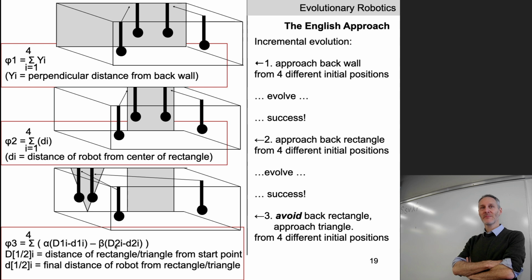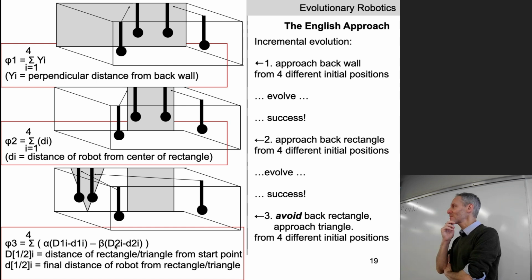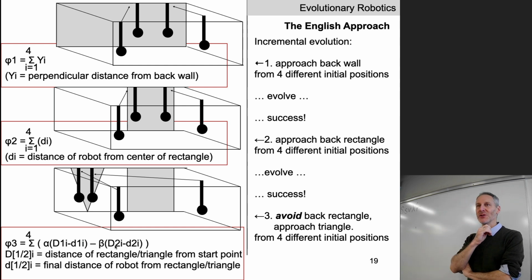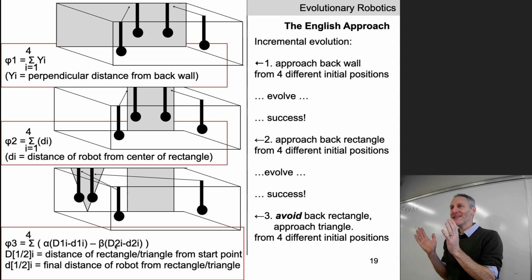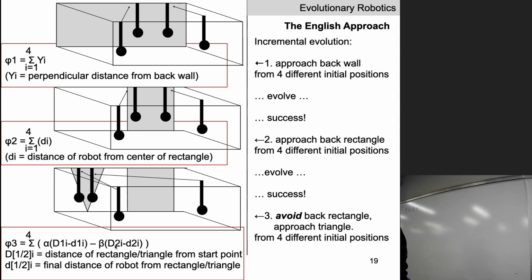Possibly. Like, on average, if those are weighted the same, then staying still would give you a 0, and moving anywhere closer to the rectangle would give you a positive value. Absolutely. This is one of the things that's been so difficult about AI and robotics for years: a pretty good solution to most problems is don't do anything. If you're not very good at anything yet, because it's still early on in evolution or early on in training, most of the things that you're likely to do are going to make things worse.